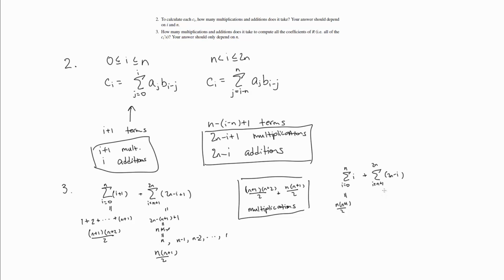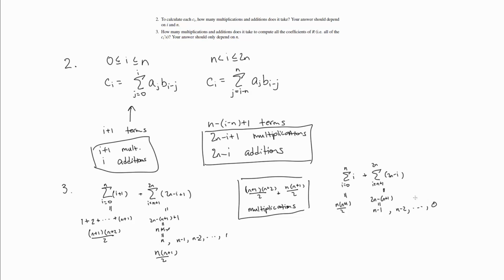Now let's write out the second sum. The first term of the sum is going to be 2n minus n plus 1, which is just equal to n minus 1. The second term is going to be 1 minus the first term, so it will be n minus 2, all the way down to the final term, which is 2n minus 2n, which is 0.